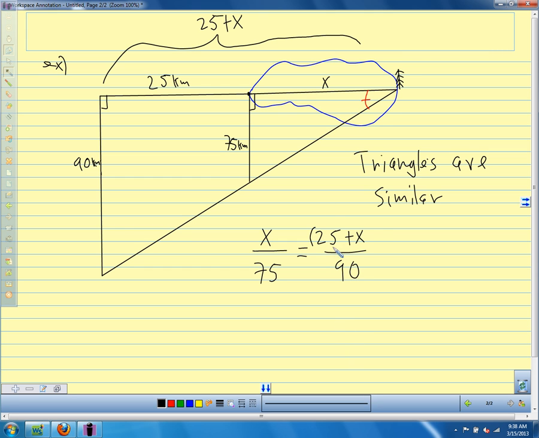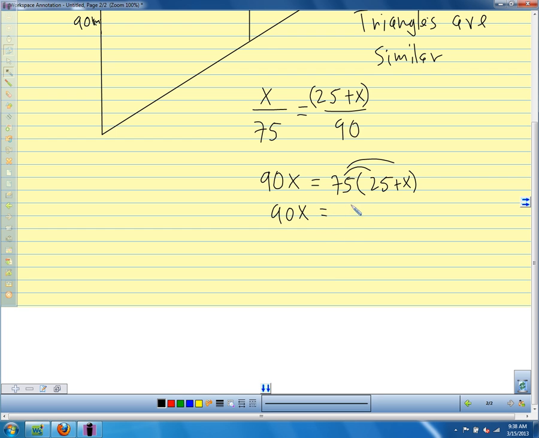And I write parentheses around here because not only are we good at geometry, we're good at algebra. So our friend is starting to maybe see what we're doing here. We cross multiply: 90x equals 75 times (25 plus x). We distribute here. 90x equals 75 times 25, which is 1875, plus 75x.